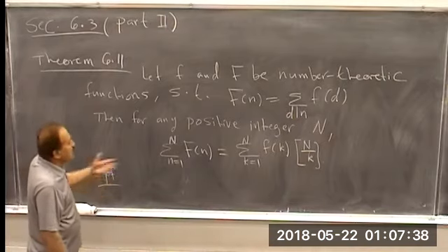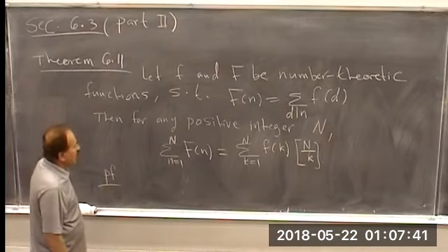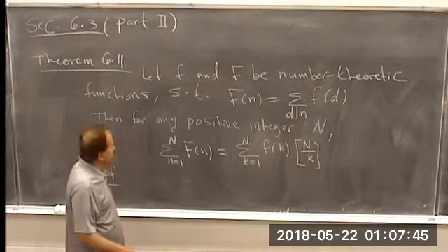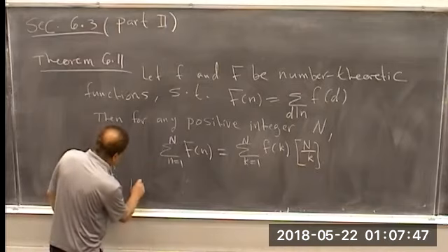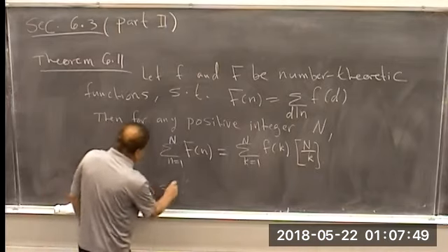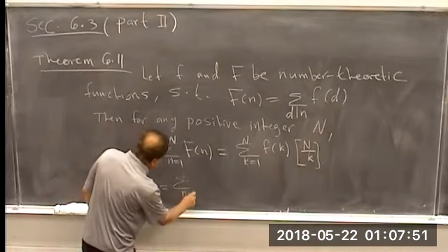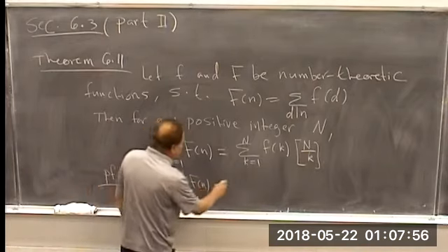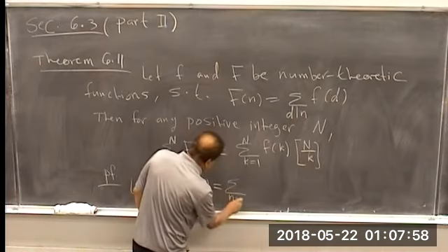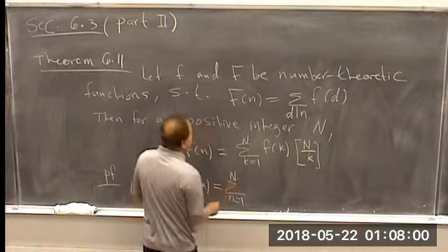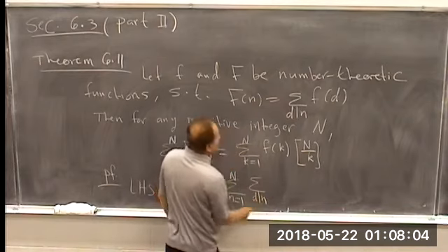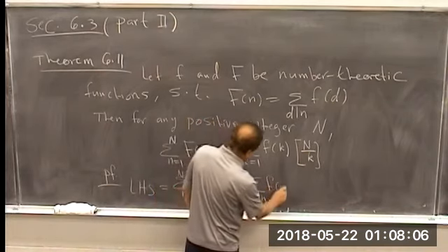When we look at the left-hand side, which is the sum from n equal 1 to capital N of F of n, we replace F of n by what it is equal to, which is the summation over d dividing n of f of d.